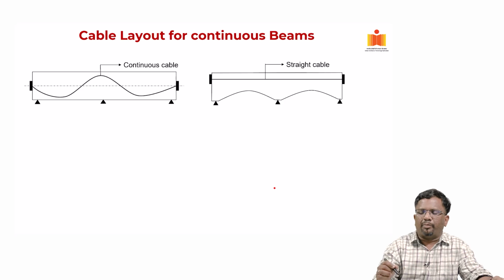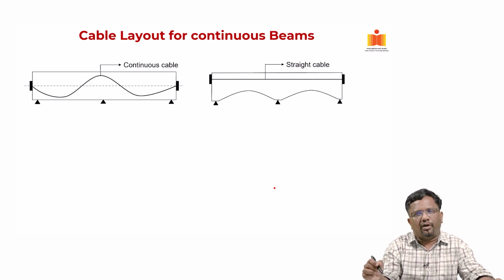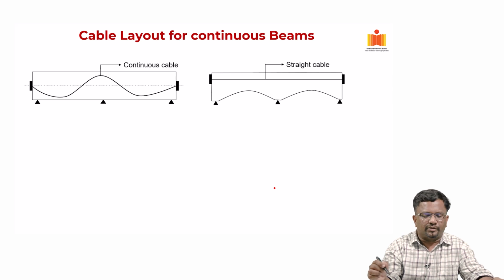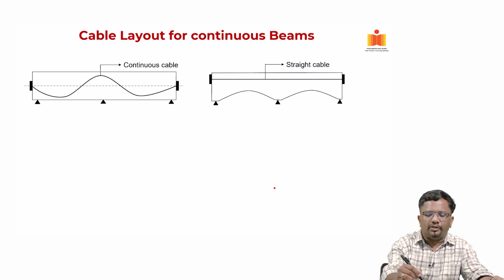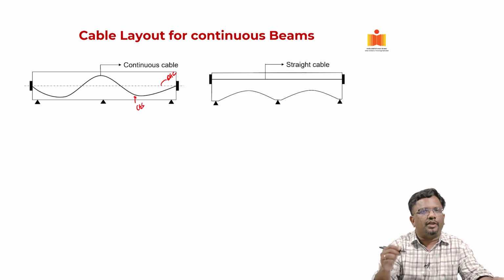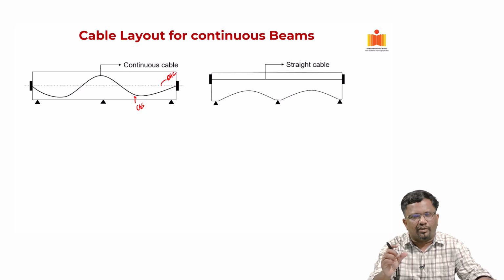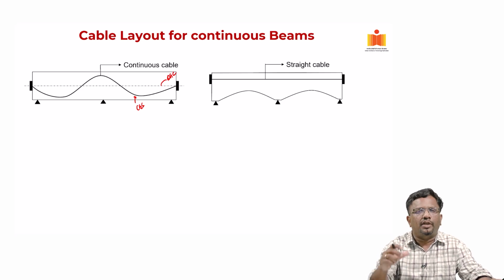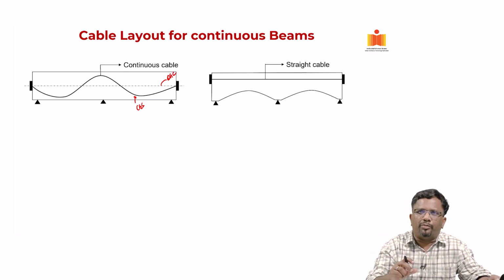The second one can be where the CG of the concrete is varied. Here, if you look at it, this is your CG of concrete and this is your CG of the steel. Now, you see here the distance between the CG of the concrete and the CG of the steel is what creates that primary moment.